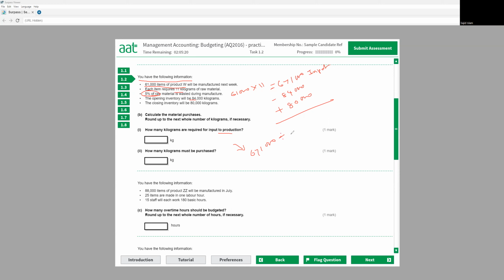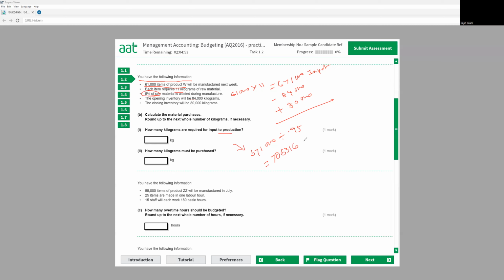So how many kilos do I need to put on the machine, on the production? So I need to divide by 0.95 to gross it up. So I said 671,000 divide 0.95. So I need to put on the machine 706,315.7, so make it 706,316.